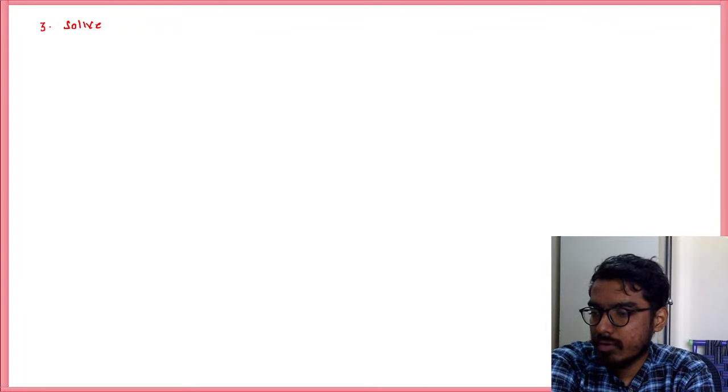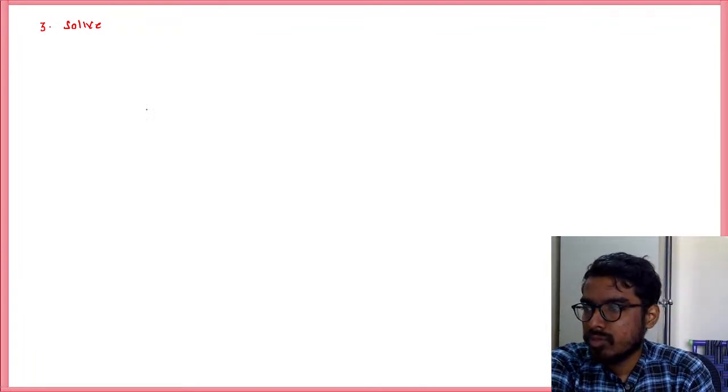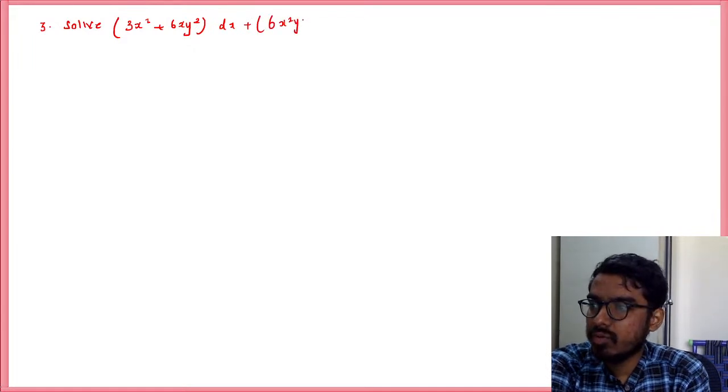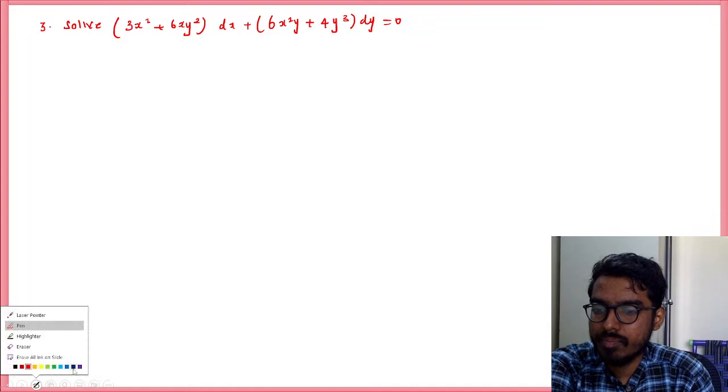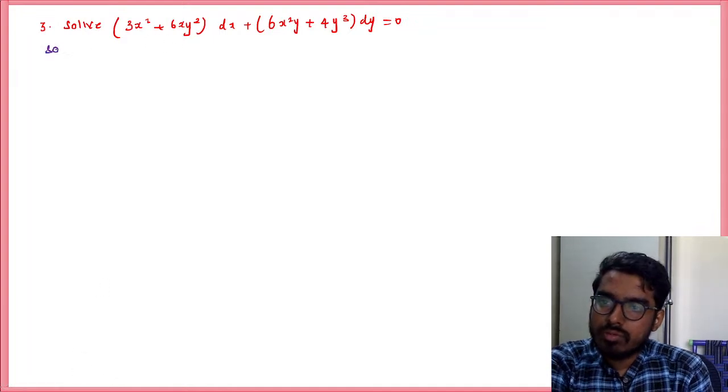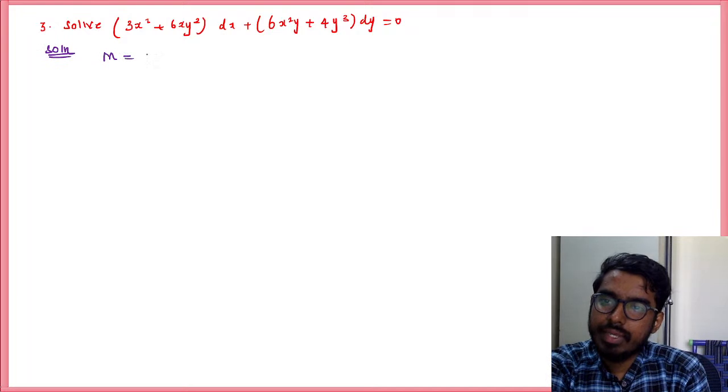So we'll do one more problem and then we'll wind up. (3x² + 6xy²) dx + (6x²y + 4y³) dy = 0. We have M equal to 3x² + 6y²x.